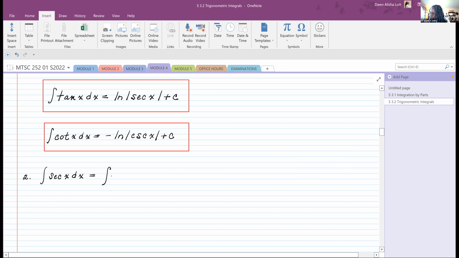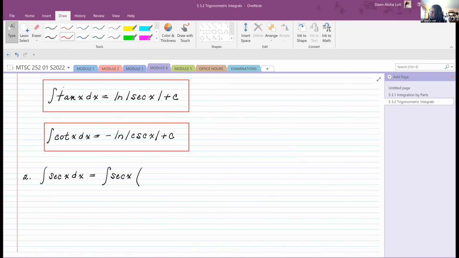We do the integral of the secant of x, and then we multiply by secant x plus tangent x divided by secant x plus tangent x.